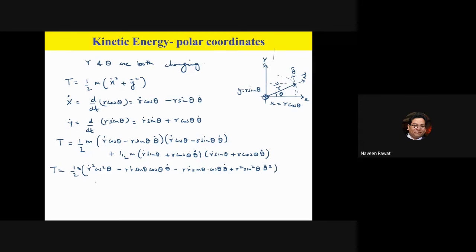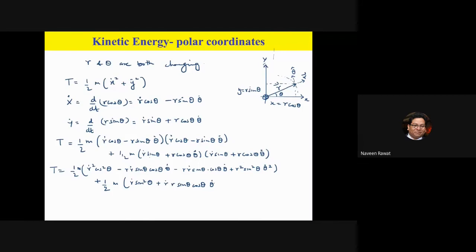Now I have the last four terms remaining. I have 1/2 m, and then I have to do again r dot square sine square theta. You see, now I'm getting sine square theta, so you can already imagine that this will combine to become 1. And I have r dot r sine theta cosine theta theta dot. So I'm multiplying this term with this term here.